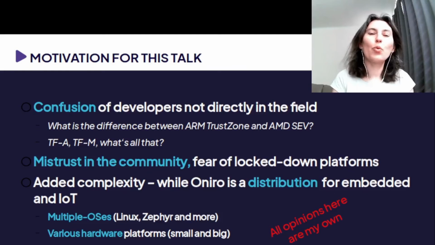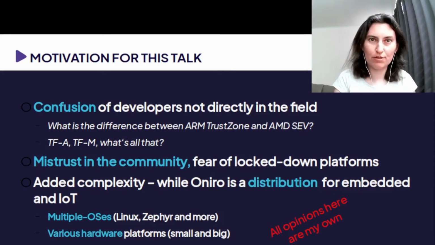Why talk about Secure Boot? I find that there are three main reasons, three main doubts people have about Secure Boot. First is the confusion.